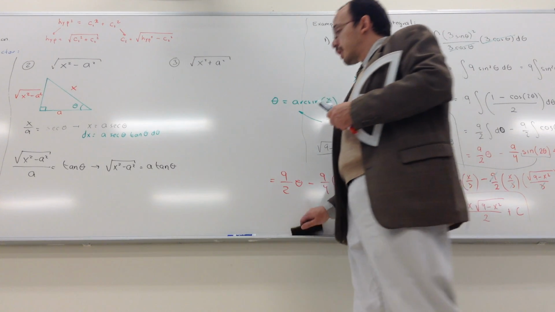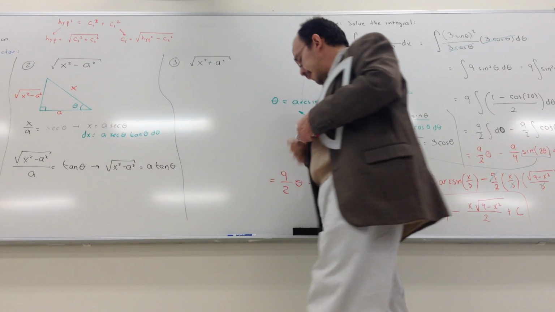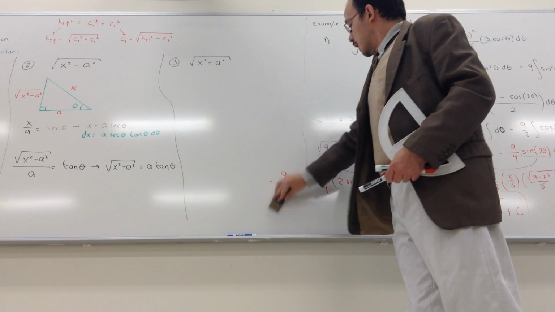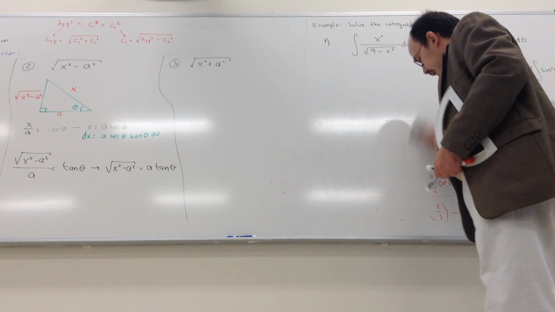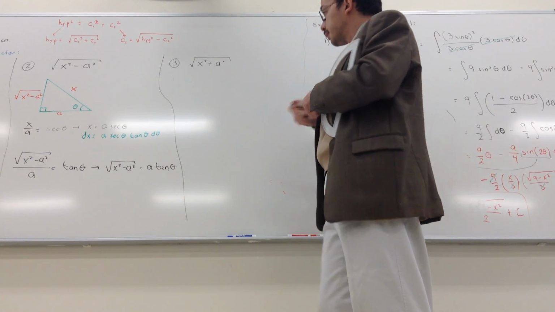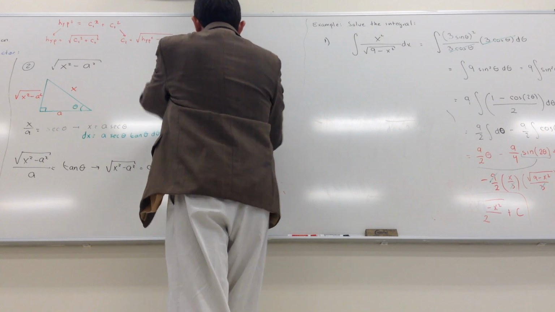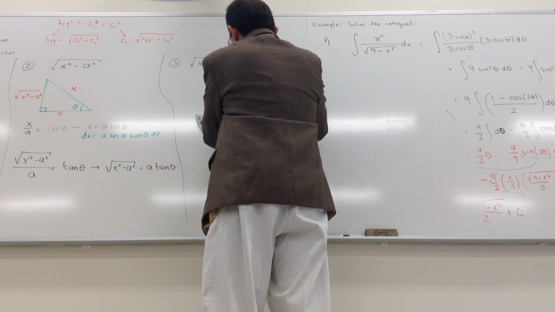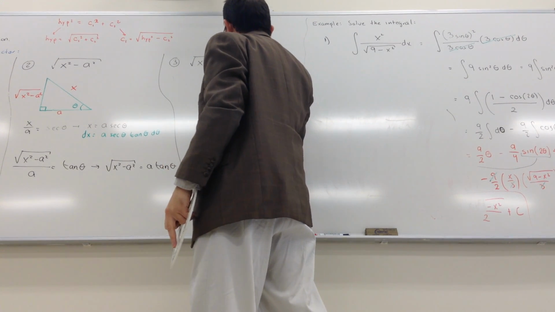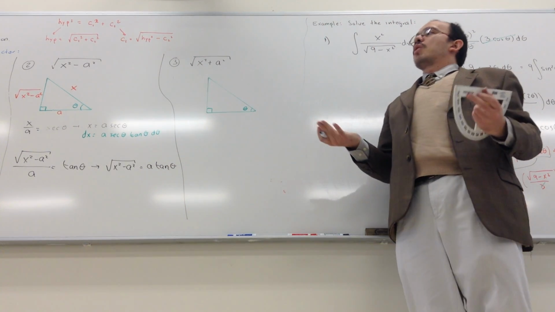Good. That's the second case. Third case, third scenario. Okay. Same situation. Now I have a triangle again. Triangle is this one. Angle theta. Right angle. Okay. Which one is the hypotenuse?